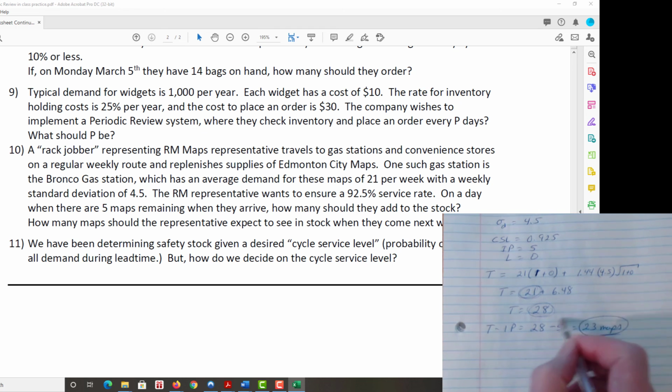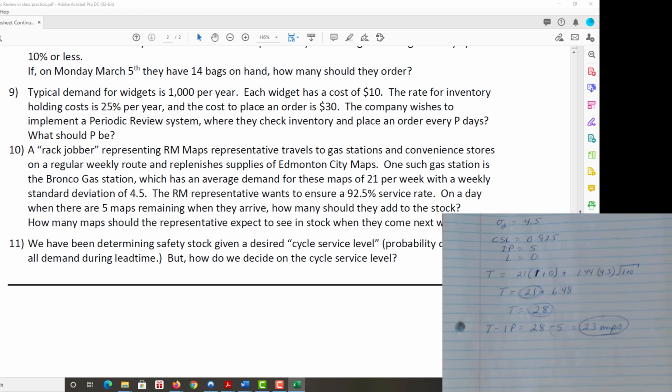Clearly last week we saw 5, so demand was a little higher than expected, assuming everything was done correctly the week before. It looks like they sold 23 maps last week. They expected to only sell 21, so sales were above expectations. But if they are at expectations, we sell the 21, we had the 28, what's left over? The 7. What is the 7? The safety stock.